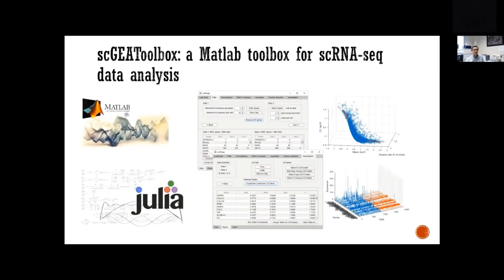Around single cell gene expression analysis or related analysis, many different packages and methods have been developed. I personally like to use MATLAB. I developed my own toolbox. A toolbox is a MATLAB function collection, and you have all the related functions in there.